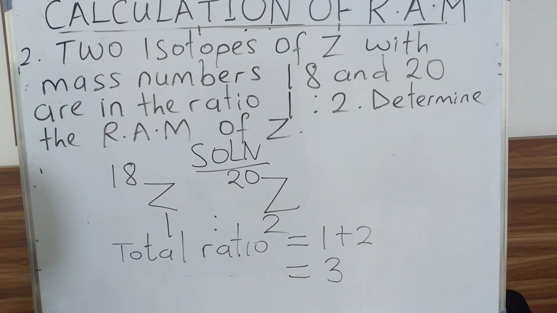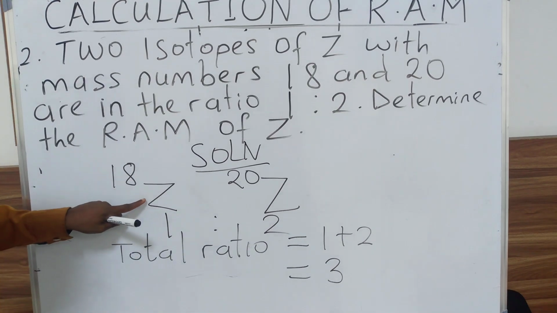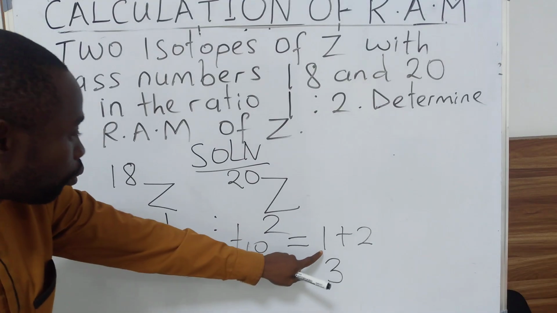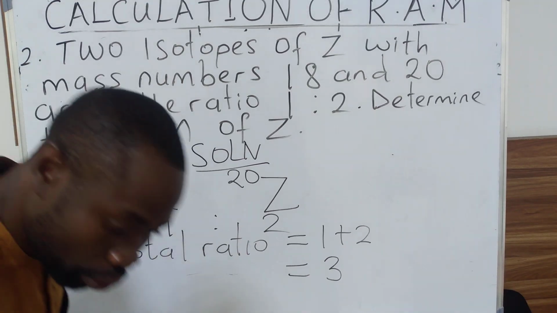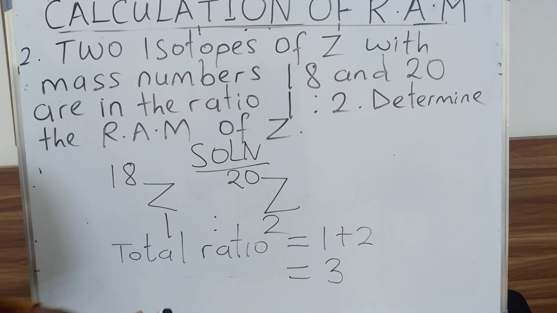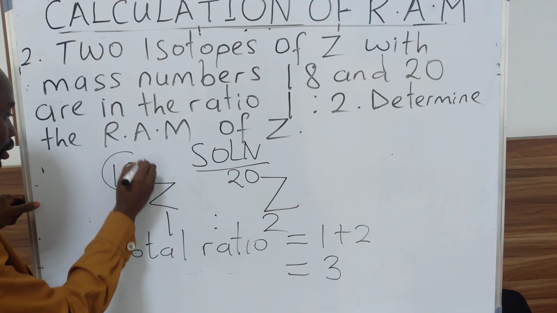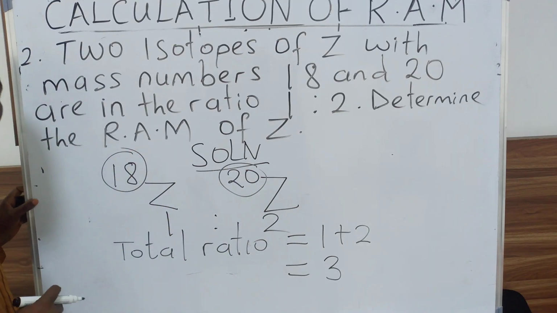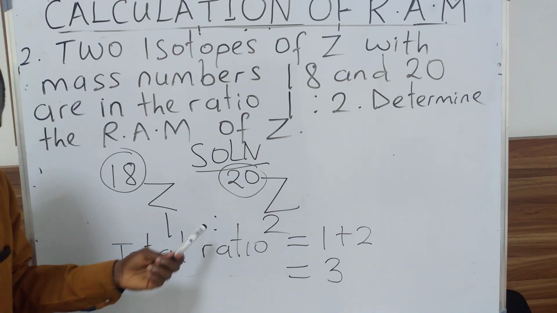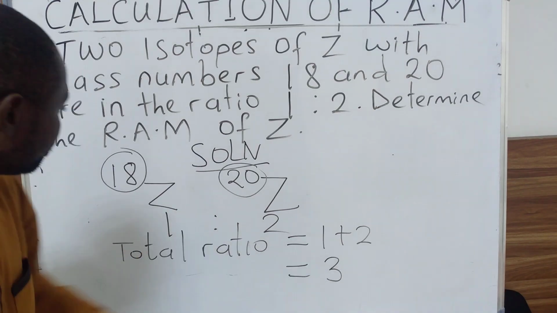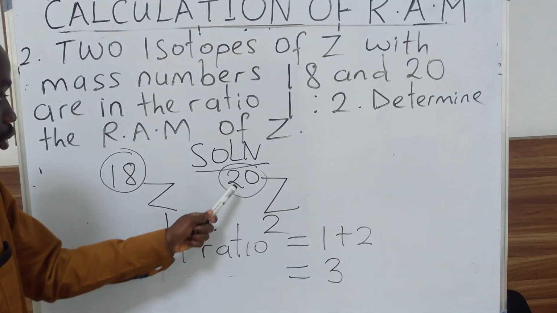The answer is going to be 1 over 3 times 18, this 1 is for Z18. Don't forget, when you are solving relative atomic mass, we make use of the mass number or the atomic mass. So it's going to be 1 over 3 times 18 plus 2 over 3 times 20.